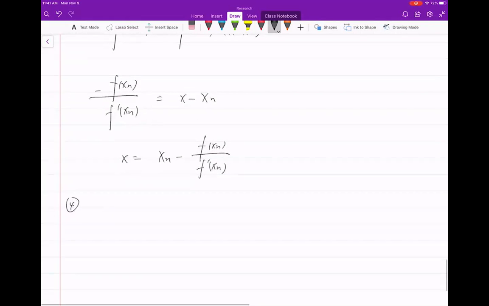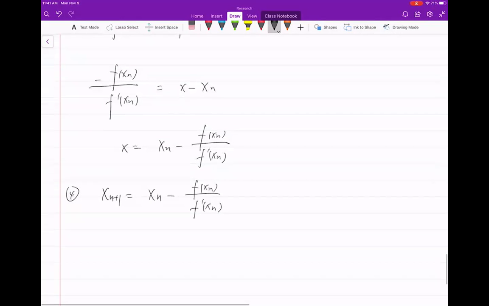Number 4, this is how you produce the next one. This summarizes the whole procedure I just described by words. Good so far? All right.